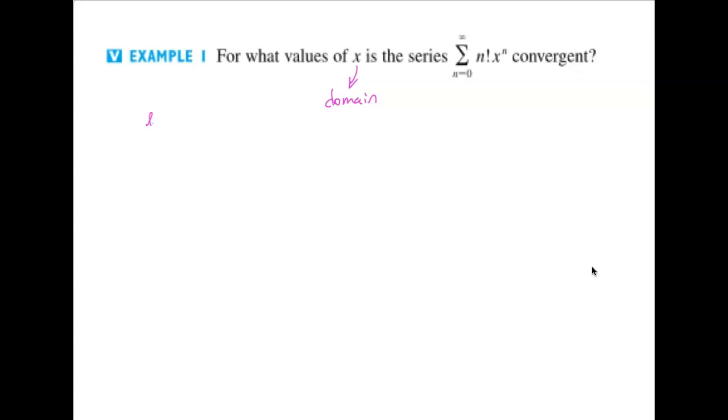So I'm going to let a sub n equal the corresponding series sequence, n factorial x to the n. Then I want to look at a sub n plus 1 over a sub n, and let that approach infinity.